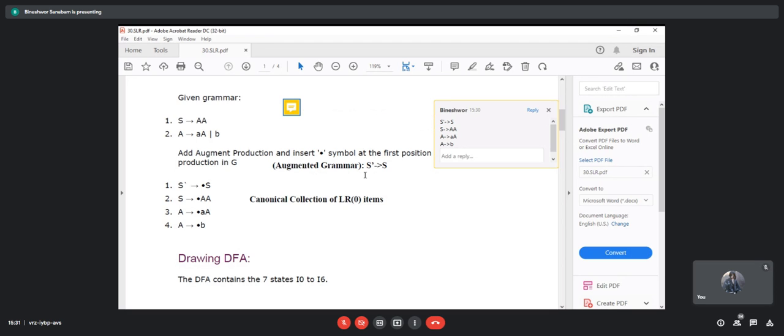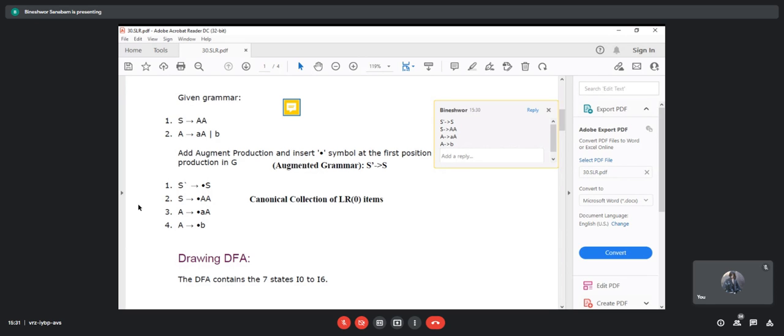So for the canonical collection of LR0 items, what we're going to do is place the dot symbol in the right hand side: dot in front of S, dot in front of A, and so on over here.